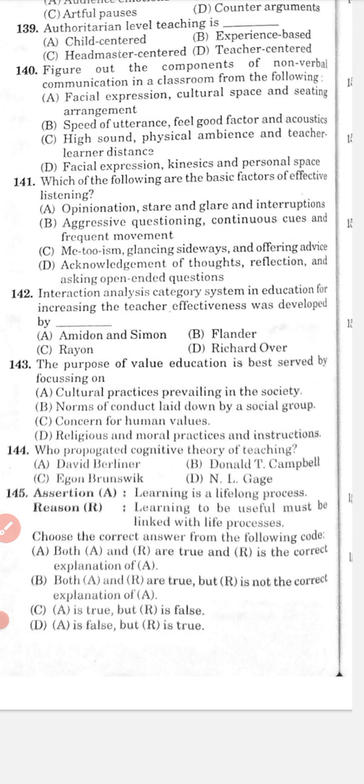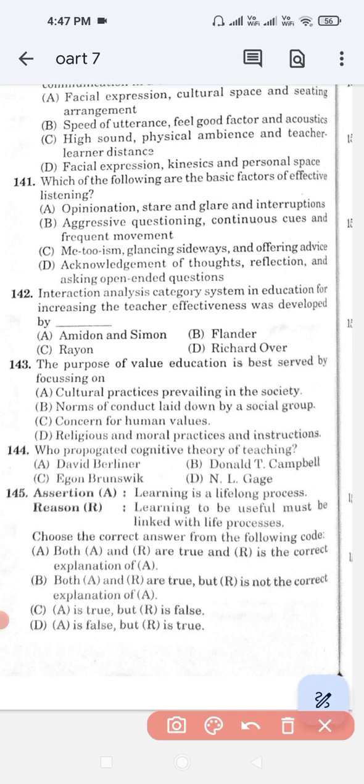Option C, high sound, physical ambience and teacher-learner distance. Option D, facial expression, kinesics and personal space. So which one is the correct answer? Option D is the correct answer. Facial expression, kinesics and personal space.